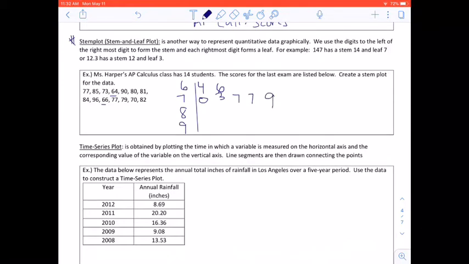In the 80s, we have 80, 81, 82, 84, 85. So I'm going to put those in order. So 80, 81, 82, 84, and 85. And then in the 90s, we have two of those. We have one that's in the 90s and one that's 96. So 90 and 96.